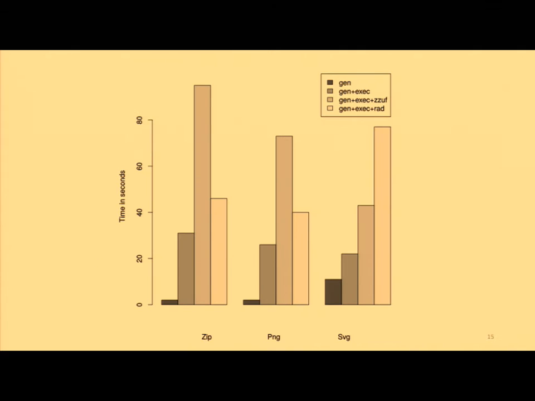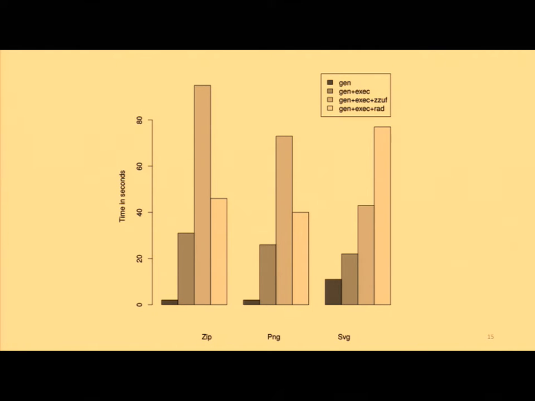We have some performance numbers here. These graphs are basically a simple test that we did generating and fuzzing formats like zip, PNG, and SVG. So this is an archive format, an image format, and SVG is kind of an image, but it's much more structured. It's kind of a markup format as well.